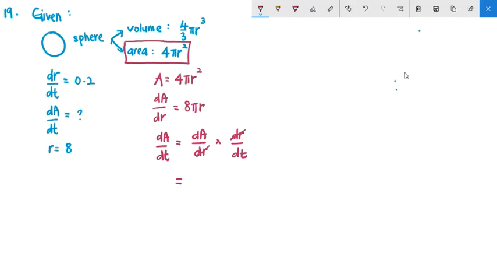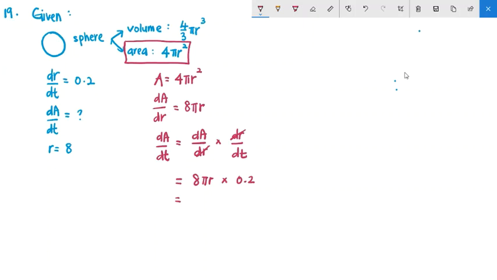Okay, next. dA over dr is 8 pi r times dr over dt is 0.2. Okay, so substitute r with 8.